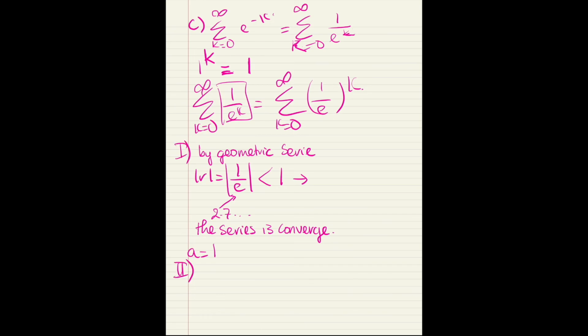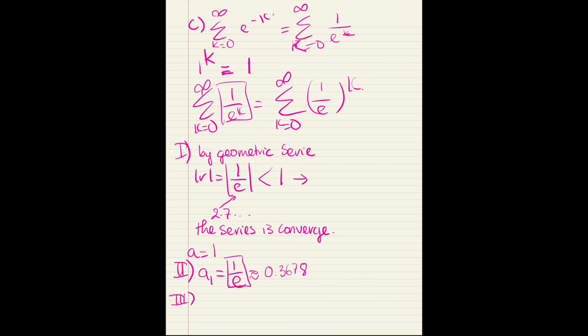Question 2, they're asking you for the first term. So a1 equals 1 over e, which is approximately 0.3678. The third question they're going to ask is, if the series is convergent, find the sum.